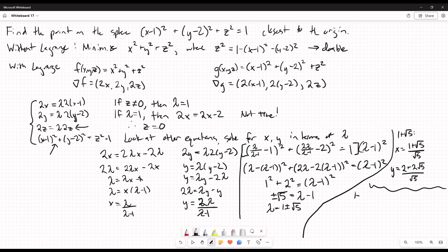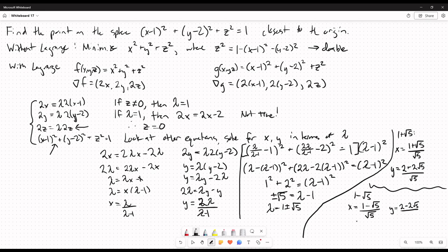If we have 1 minus square root of 5, what we'll get is that x equals 1 minus square root of 5 over square root of 5, and then y equals 2 minus 2 square root of 5 over, actually, let's be careful because I was not careful.